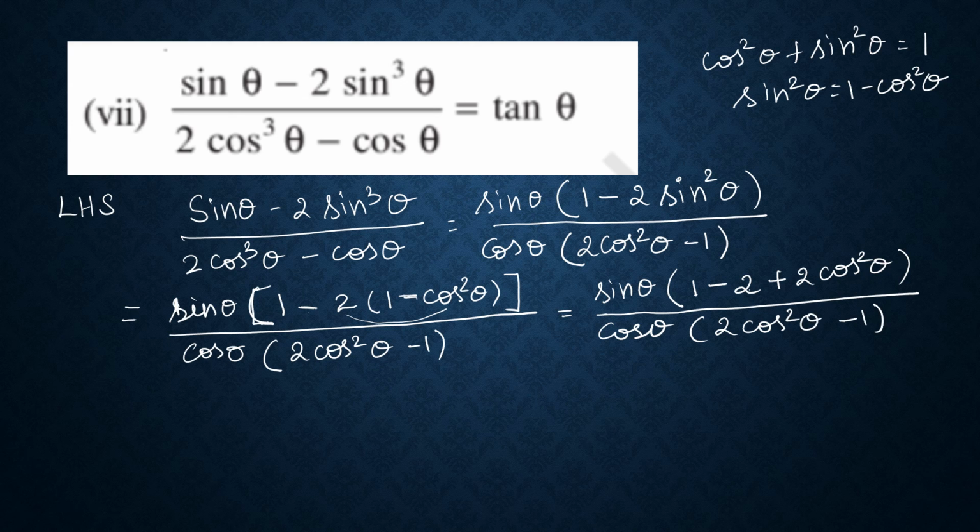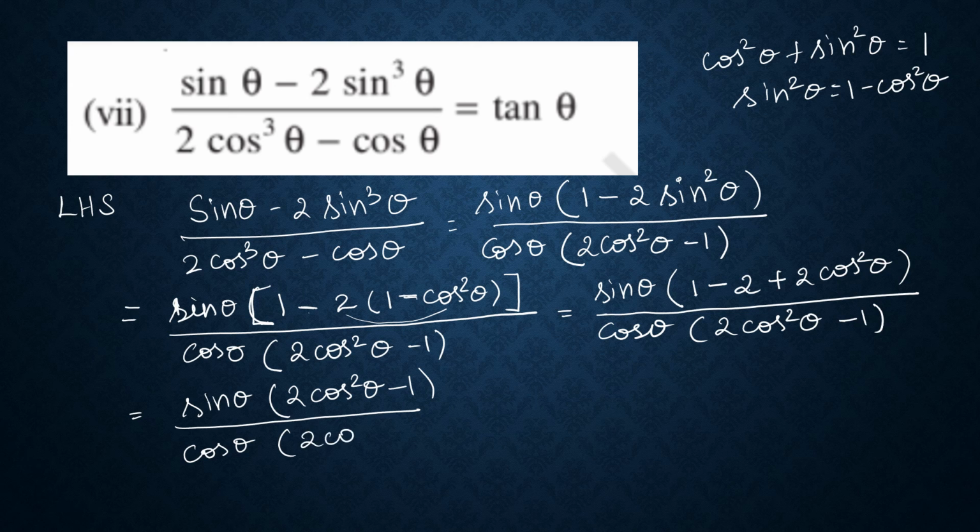See, 1 minus 2 is minus 1, right? So I'm going to write sin theta into 2 cos square theta minus 1 by cos theta into 2 cos square theta minus 1.